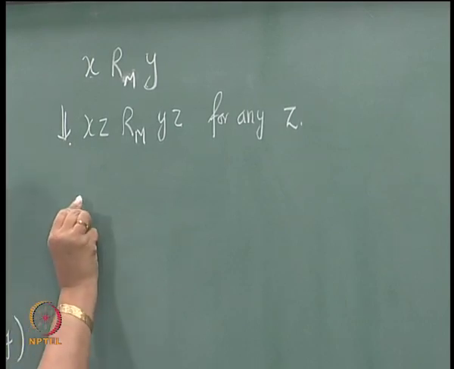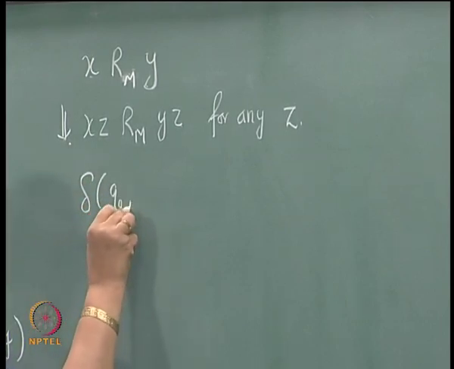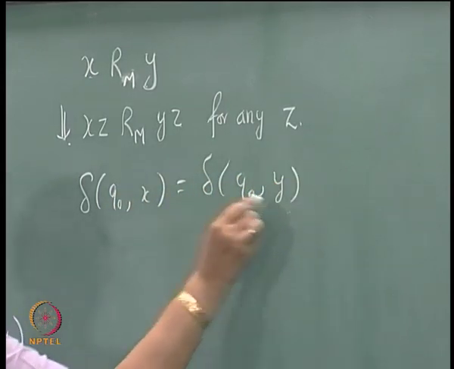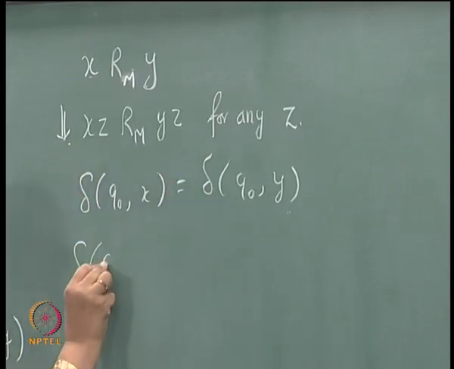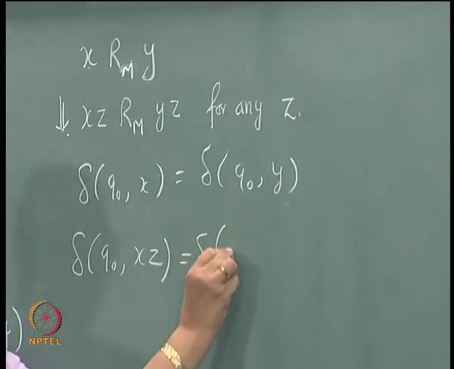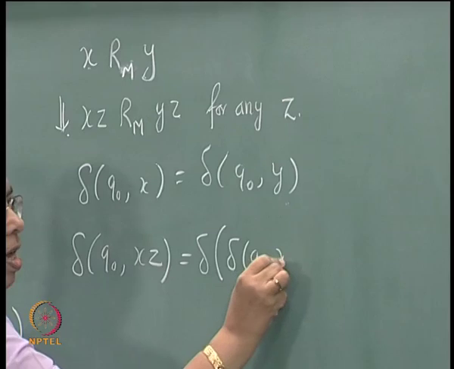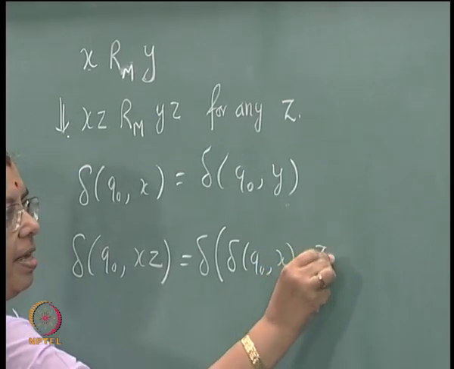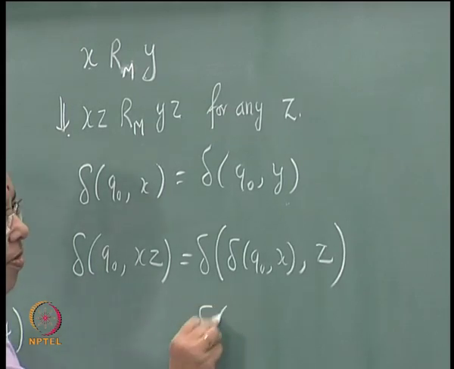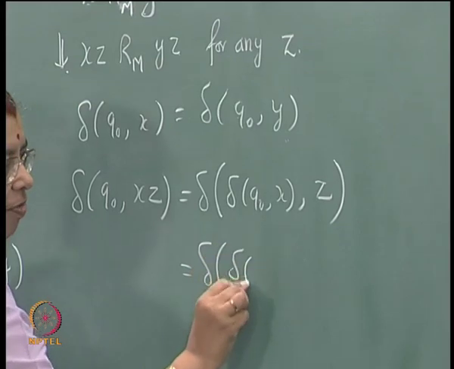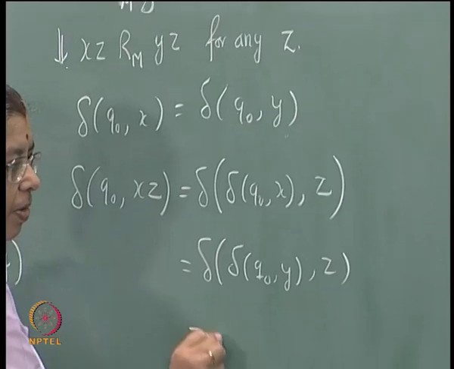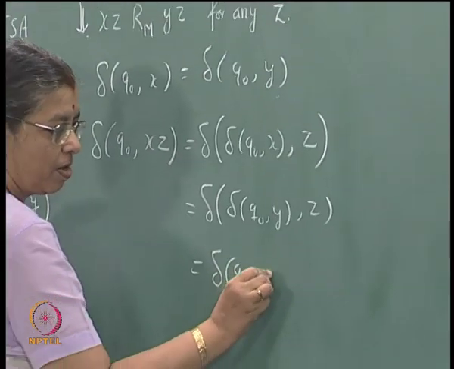This is very obvious. Suppose delta of q naught x is equal to delta of q naught y. What can you say about delta of q naught xz? That is equal to delta of q naught comma x comma z, right, and that is delta of delta of q naught x, z, which is equal to delta of delta of q naught y, z, equal to delta of q naught yz.